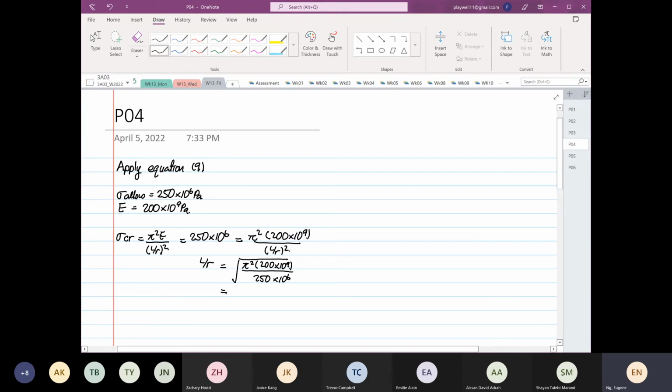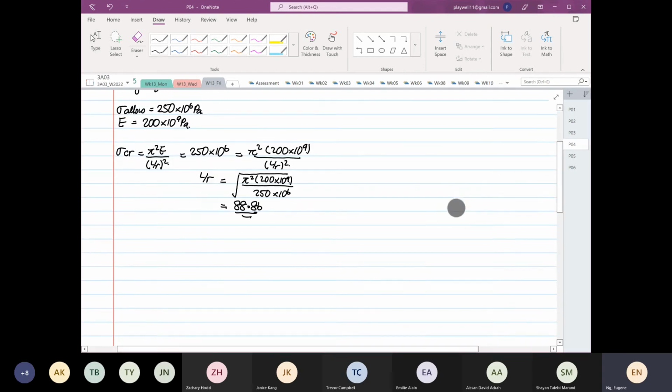So our L over r ratio is equal to 88.85 or 88.86. Okay, so what does this mean? We have a number, L over r, 88.86. What does it actually mean?